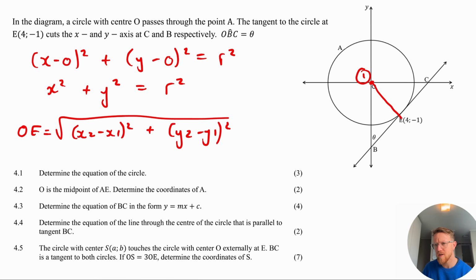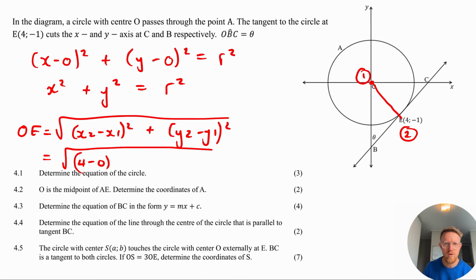Okay, I'll just use this as my point 1. I'll use this as my point number 2. And so we should end up getting (4 take away 0) squared plus (minus 1 take away 0) squared. And this should eventually give us, I think it's square root 17. Yeah, square root 17. Whoopsie, wrong button.